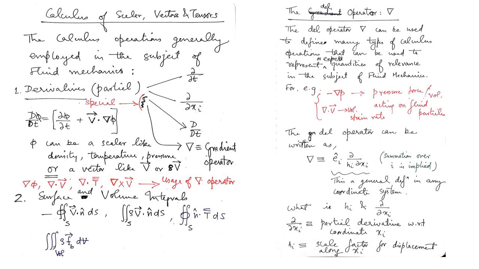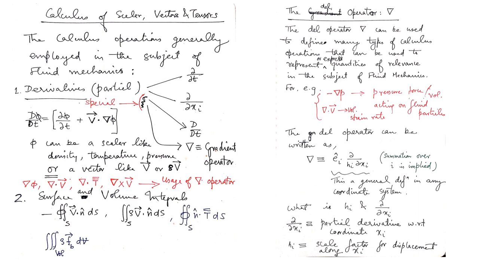Then we move on to the del operator, and start our discussion directly from the del operator, because, as you will see, the ordinary partial derivatives, del t, del xi, I don't need to discuss. You already know all those things from your earlier courses in mathematics and even fluid mechanics. And as you know, in the material derivative, we write the second term, the convective term, as v dot grad phi.